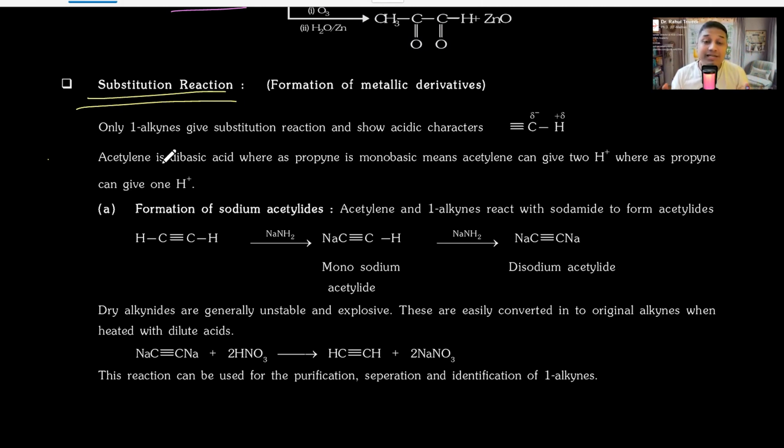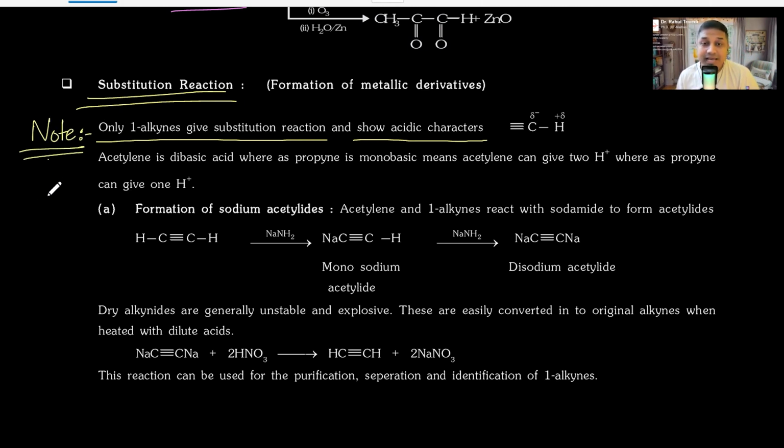Now, first time you're getting something which is totally different in the purview of alkynes. What is that? Substitution is going to happen here. Let's see how. Only 1-alkynes give substitution reaction and show acidic character. Please write this down as an important note point.